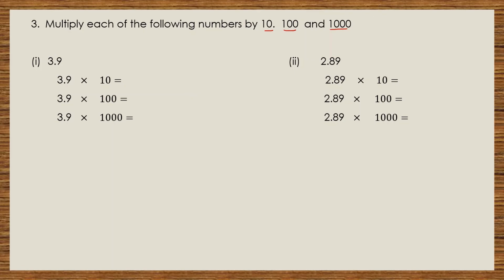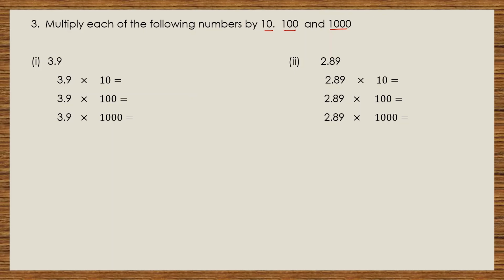Now, what do we do with decimal numbers? When you multiply by 10, 100 or 1000, the decimal point will simply move to the right. How many places to the right will depend on the number of zeros.